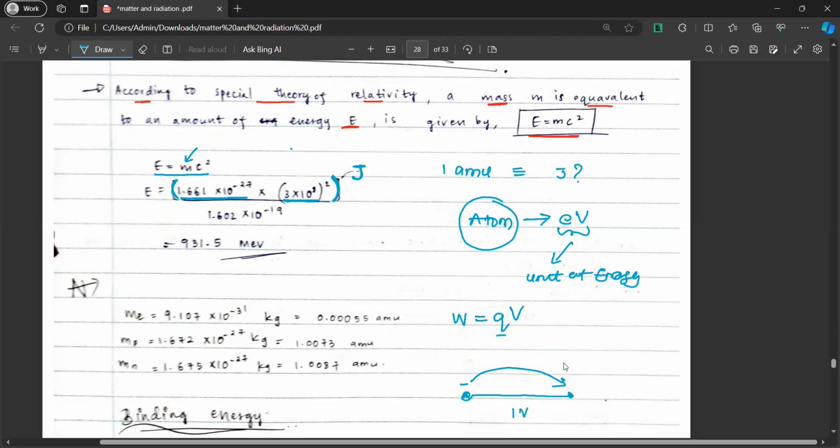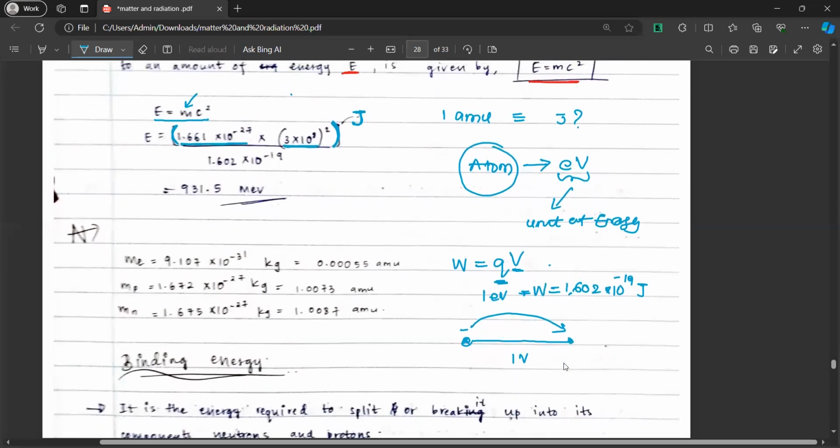So Q is the charge of an electron and V is 1 volt. So we get the work done is equal to 1.602 into 10 to the negative 19 joule. So this is 1 electron volt. Remember?